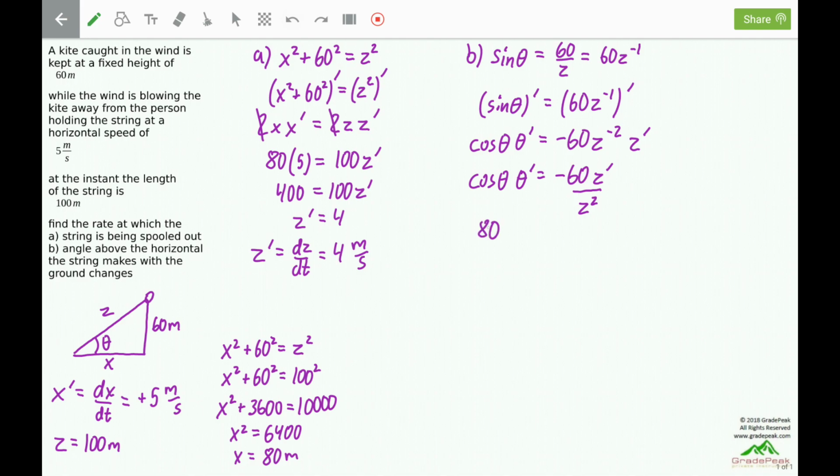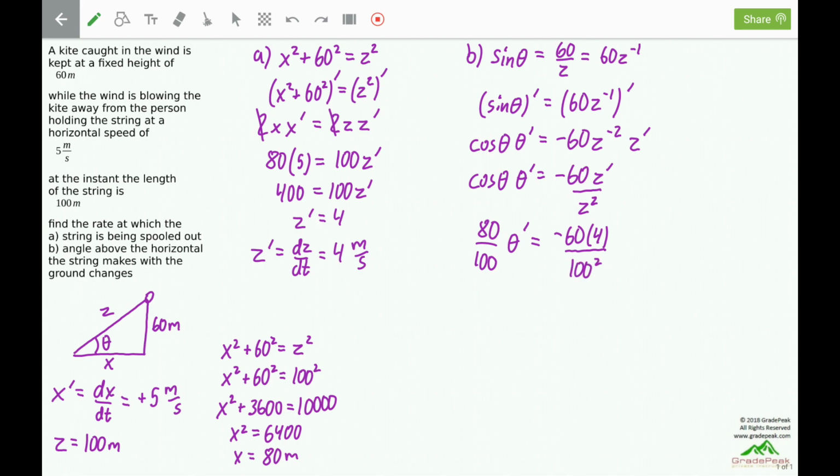Cosine of theta is 80 over 100 times theta prime equals negative 60 times z prime, which we found in part A to be 4, and then all of this over z squared. Well, z is 100, so 100 squared.